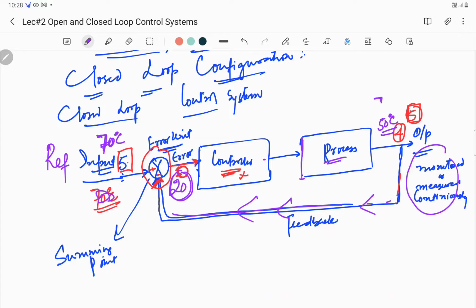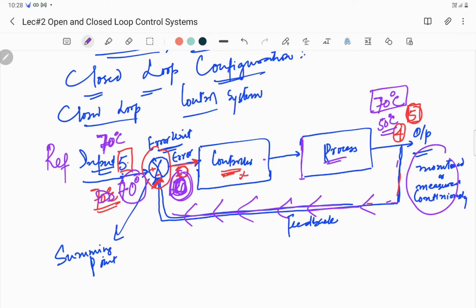Eventually a time will come when the temperature reaches the desired value, that is 70 degrees centigrade. When it reaches 70 degrees centigrade, this 70 degrees is again fed back to the input. Since the reference input is 70 degrees centigrade, the difference or the error in this case would be 0.